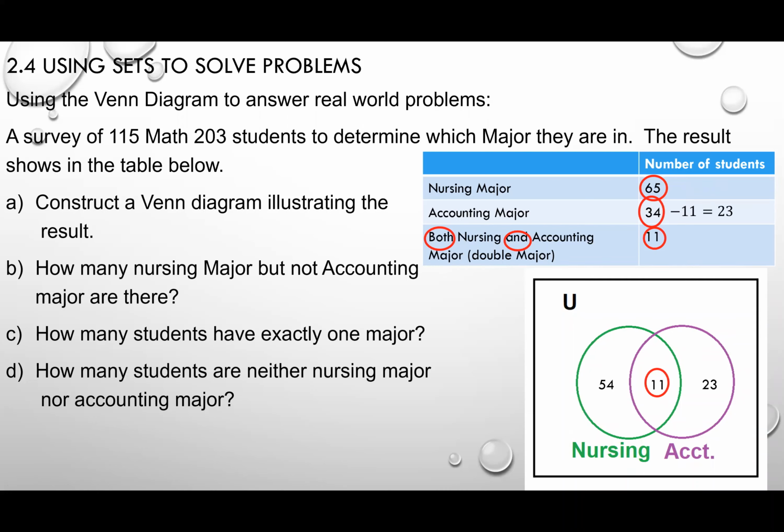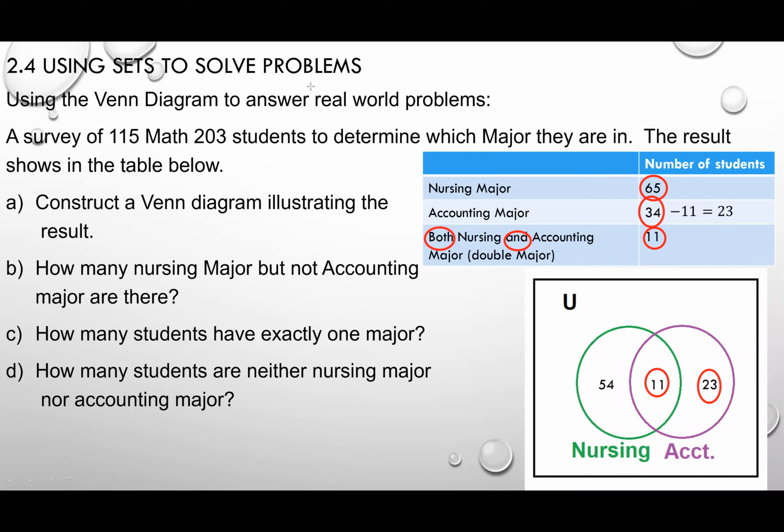As you can see, 11 plus 23 gives me 34. So that is where my 23 came from: I take 34 minus what I already accounted for, which is 11. Therefore, I have 23.